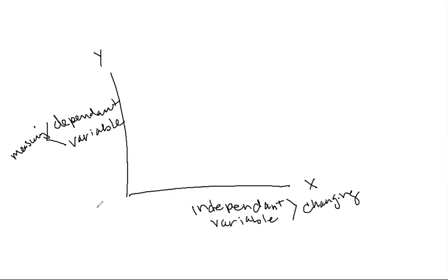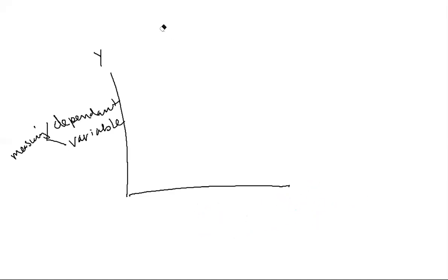Good, so we're changing the activity level. So for this one, I'm going to erase it so I can label it appropriately. Okay, so activity level would go here, right?